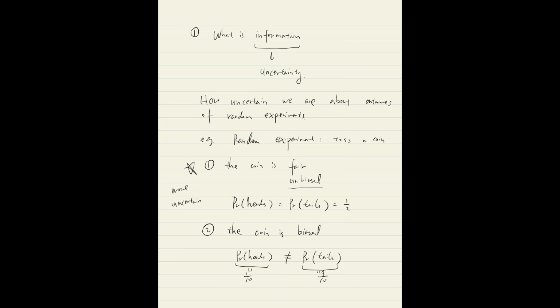Now we have these two cases, and based on our understanding, I gave this example in our last lecture. If we do this experiment, just flip the coin once, which one gives you more information? In other words, which one is more uncertain, the first case or the second case?